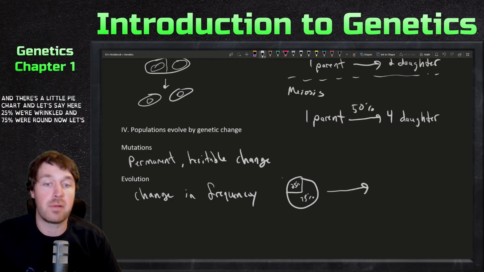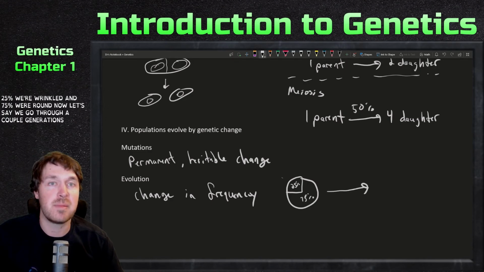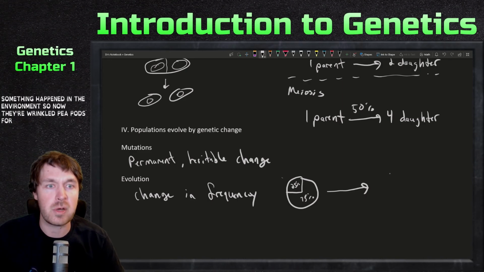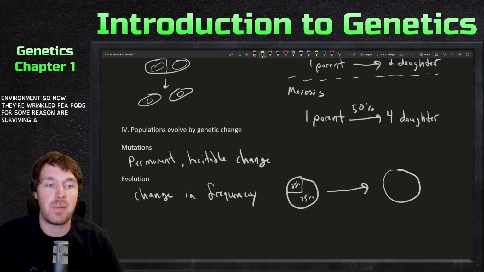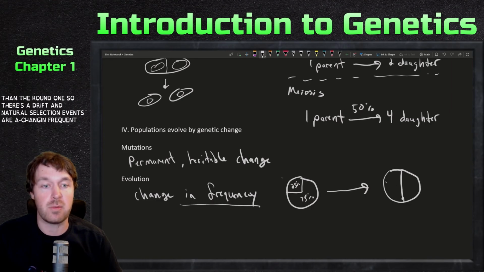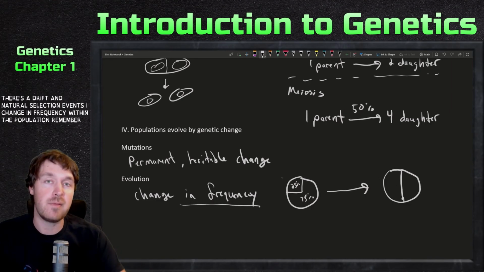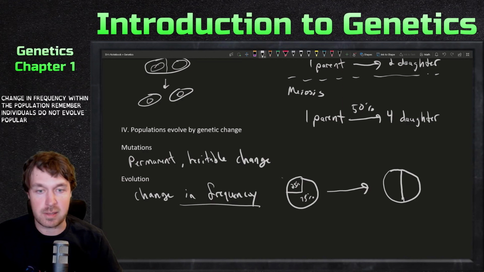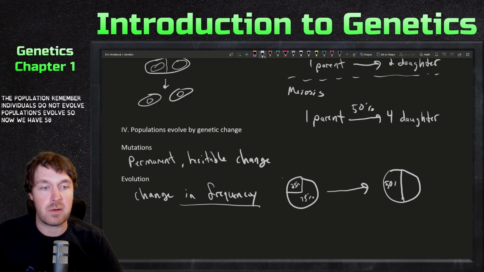Now, let's say we go through a couple generations and something happened in the environment. So now the wrinkled pea pods, for some reason, are surviving a lot better than the round ones. So there's a drift, a natural selection event, so a change in frequency within the population. Remember, individuals do not evolve, populations evolve. So now we have 50% wrinkled and 50% round.